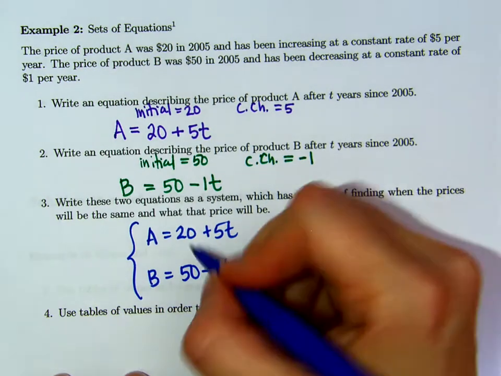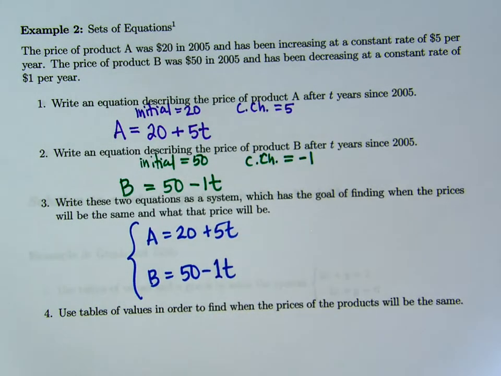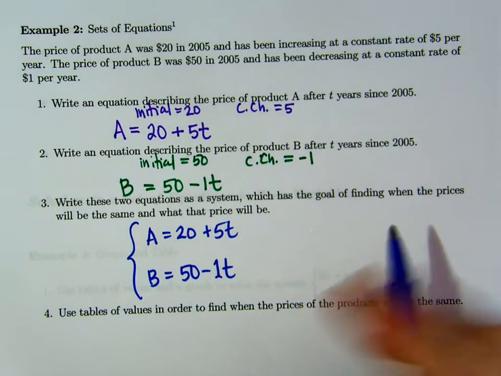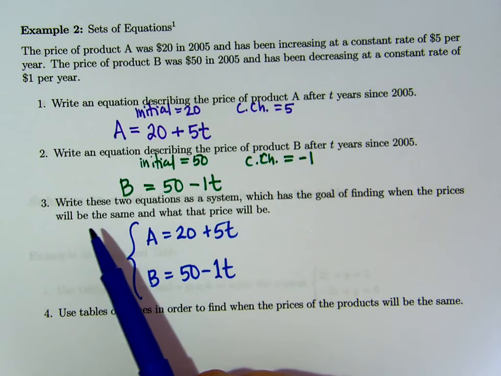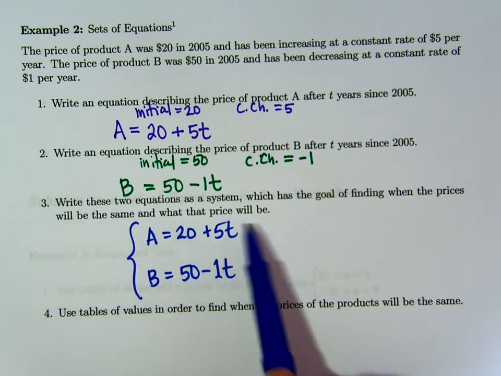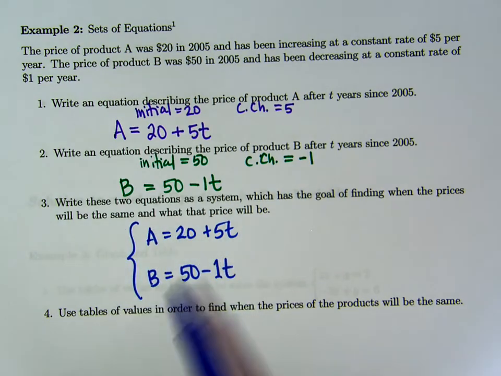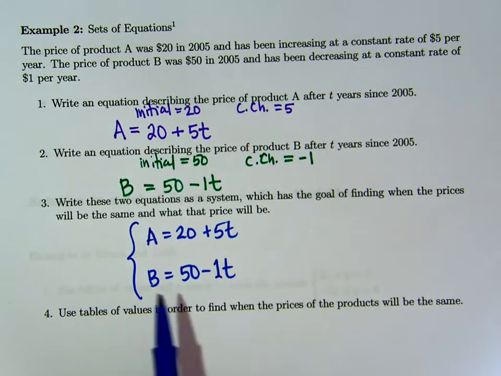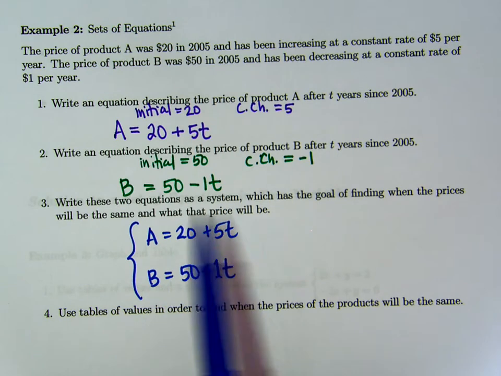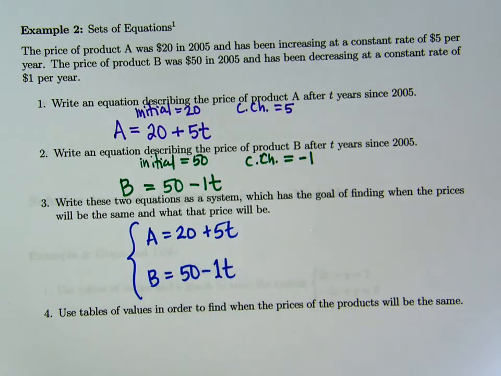The goal is finding when prices will be the same and what price that will be. Because this is the price of product A and this is the price of product B, the question is when will they be the same price?